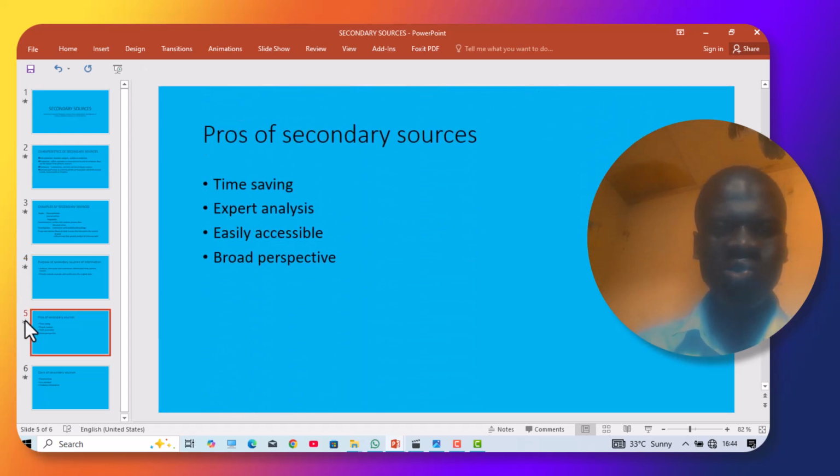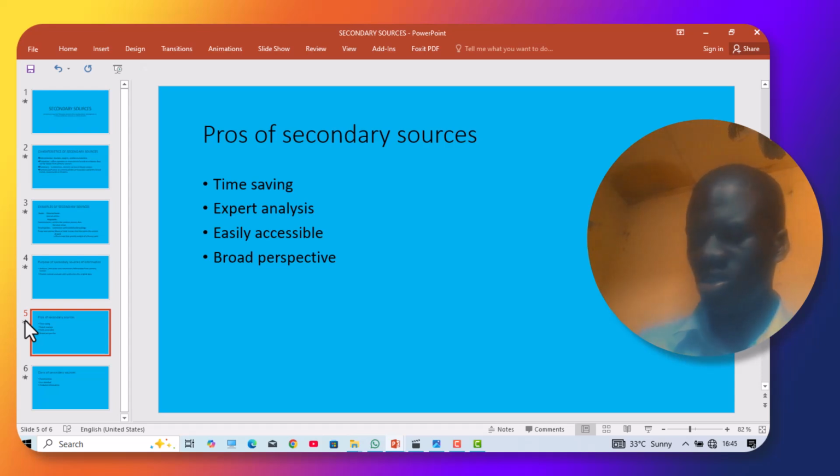Finally we shall conclude by looking at the pros and cons of secondary sources of information. Of course, pros are just the advantages of secondary information. Then the cons are the disadvantages.